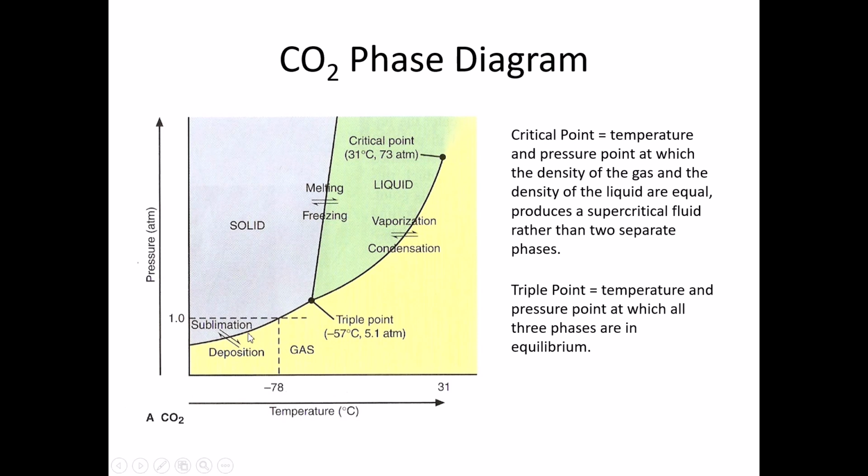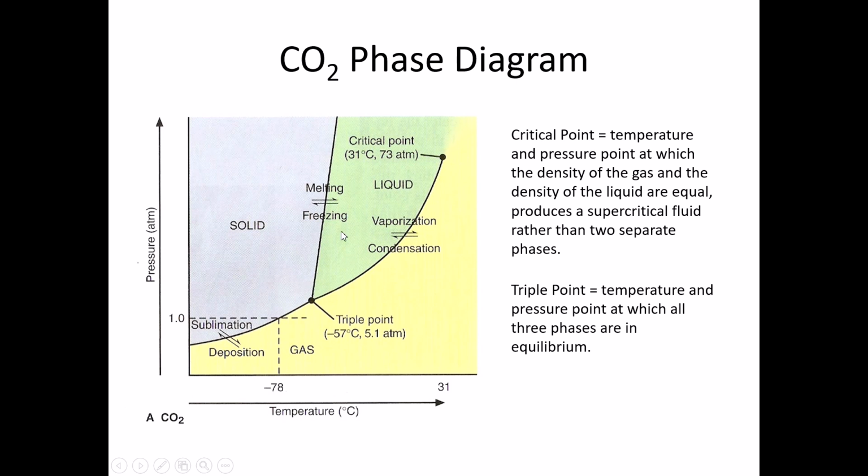In order to get solid CO2, we have to decrease the temperature dramatically, below -78 degrees Celsius to get it into the solid phase, and that would be dry ice. So this is why when you open your package, it immediately starts vaporizing or subliming. Now liquid CO2 doesn't occur until up here.